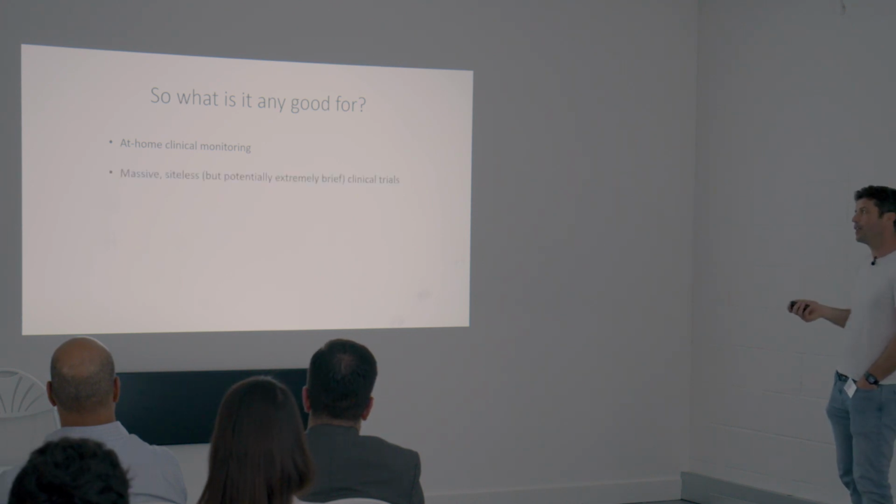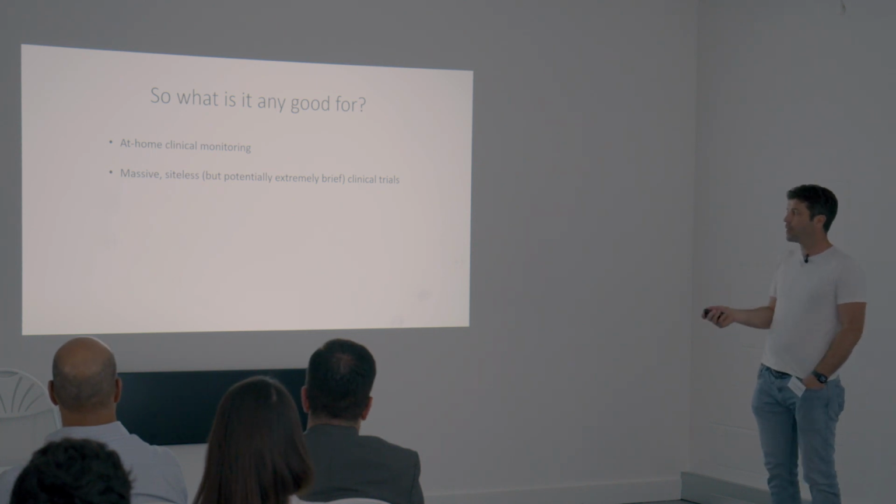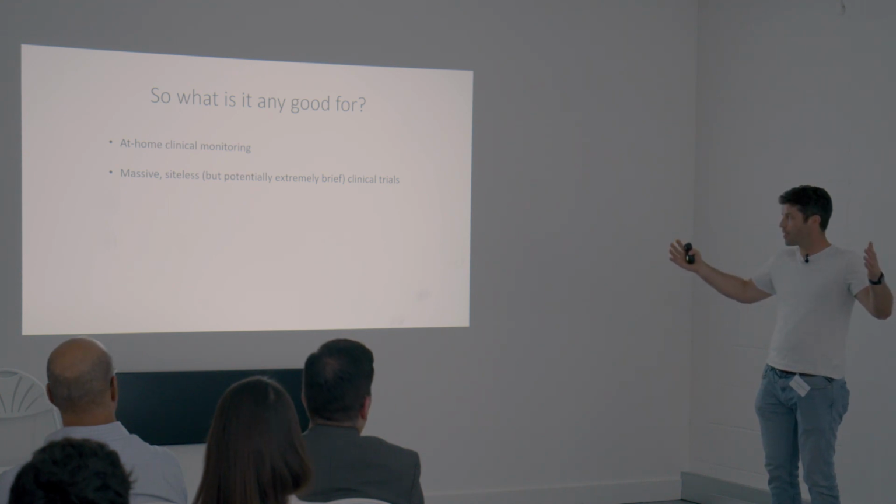Perhaps more significantly, with a system like ours, one could undertake massive sightless clinical trials. If you think about a typical Parkinson's disease trial currently, it might consist of several hundred people, say 250 people, and it might be conducted over 3 to 4 years, right?